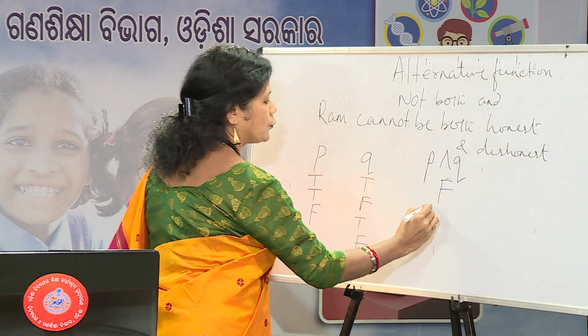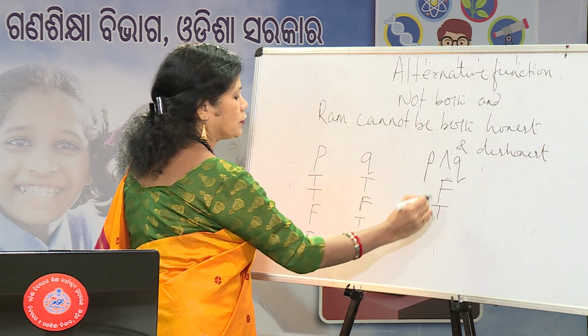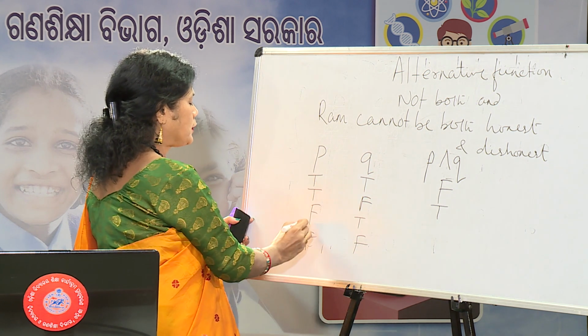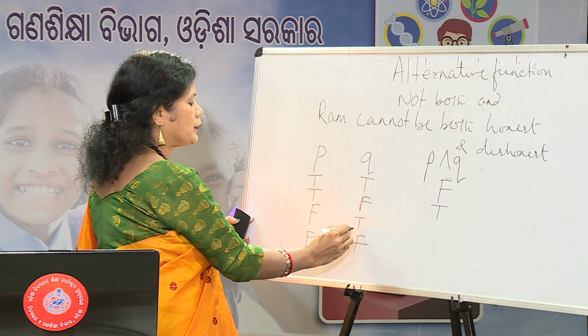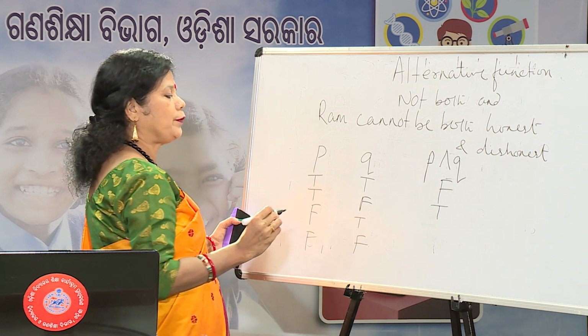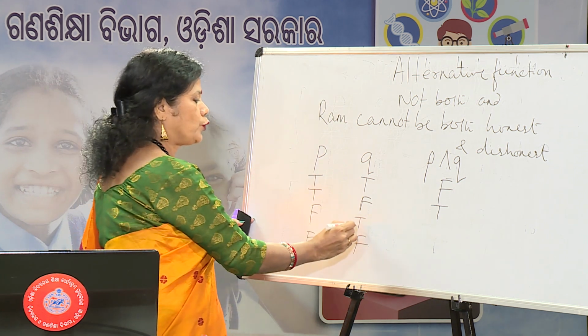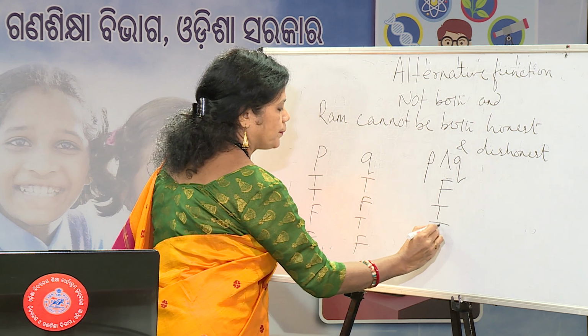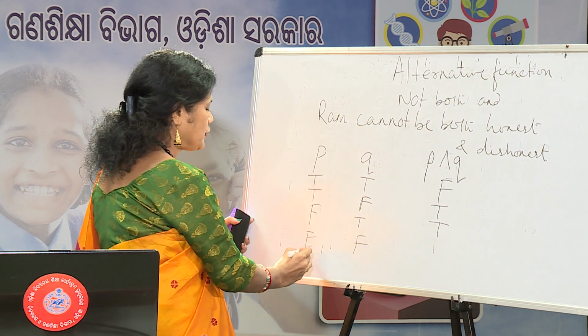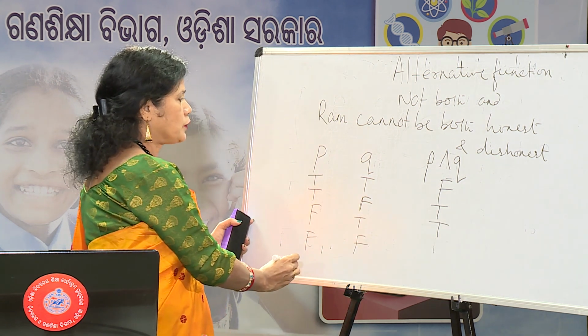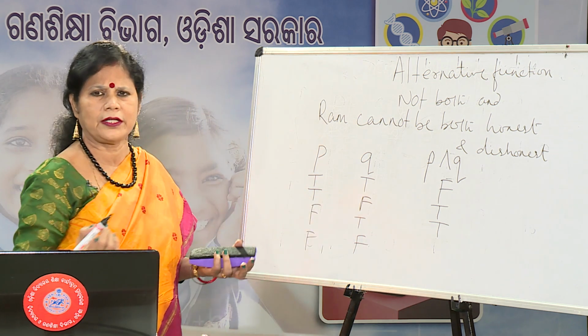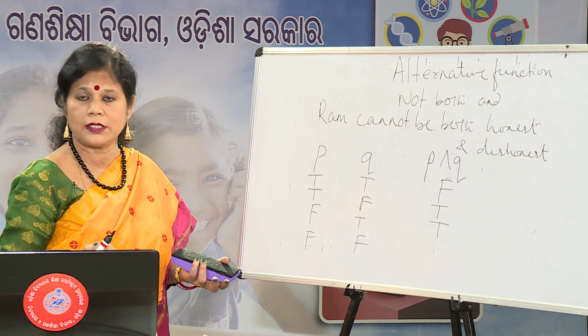So this is true, one is true. So the function is true. Now, Ram is honest is false. Ram is dishonest is true. So Ram is dishonest, one is true. So this is true. Now, Ram is neither honest nor dishonest. How can it be? One can be either honest or dishonest.